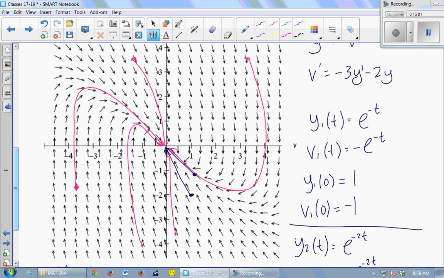The line v equals negative y definitely seems like an important line in this picture. For some initial conditions, it will send you straight to the origin, like down here. But for a lot of initial conditions, it sends you to that line first, and then you go into the origin.